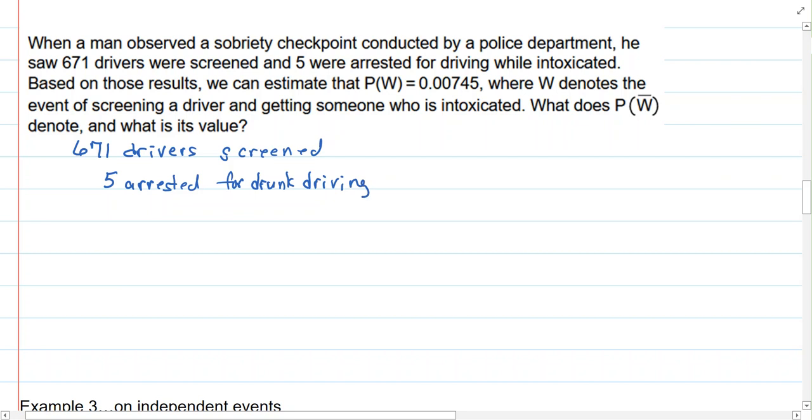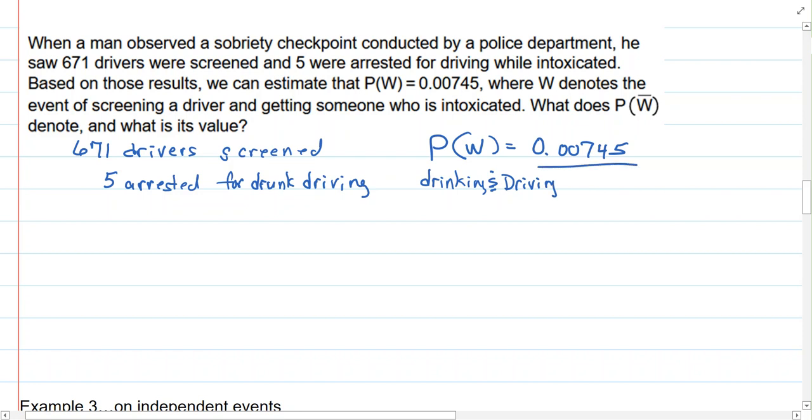Based on those results, we can estimate that the probability of driving while intoxicated is a very small probability. Probability of W, and that means intoxication. So we have this probability.